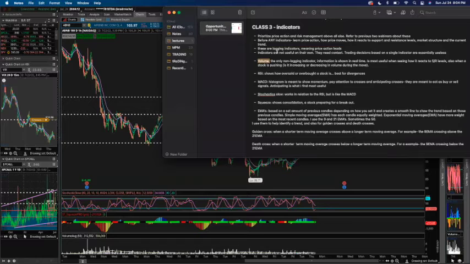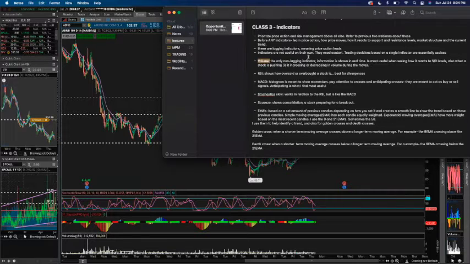The next point I want to get across is that indicators are not useful on their own. You can use them, you can pick your favorites, the ones that you like. I don't use all the ones I'm going over today, but I know some people requested to see how to use these other ones, because other mentors use different indicators.